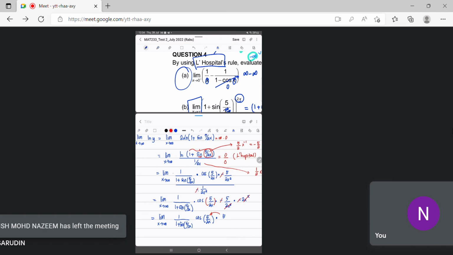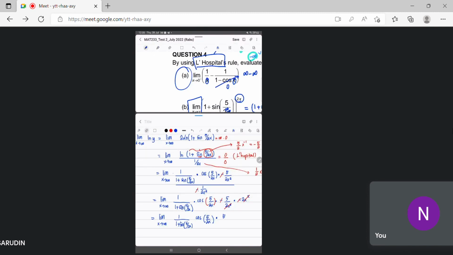Mana boleh? 5 over 2x ni adalah milik cos. You suka hati je masuk rumah orang, lepas tu darab dengan diri dia. Tak boleh. Okay? So yang ini tak boleh. 5 is a constant. Cos 5 over 2x ni hanya milik cosine. Dia tak boleh berubah dan dia tak boleh keluar sesuka hati dia. Okay? Dia akan bergerak together with the cos.